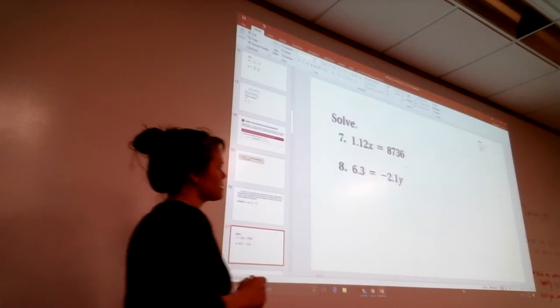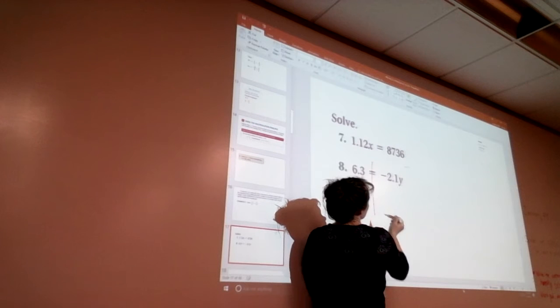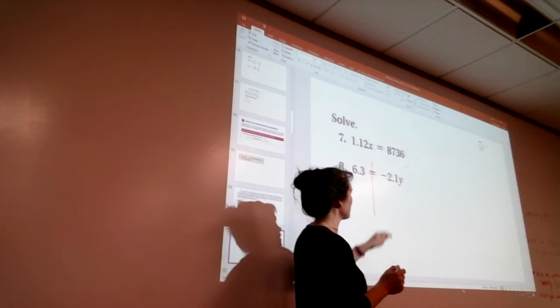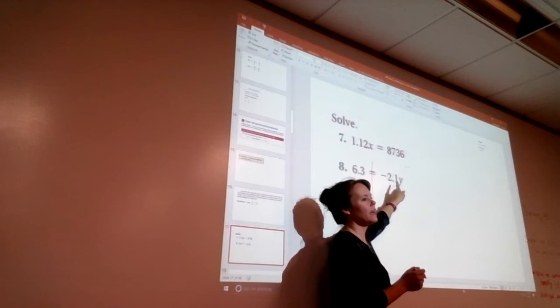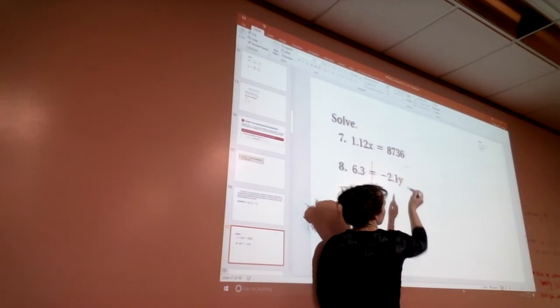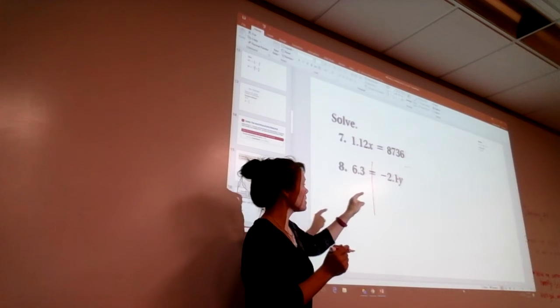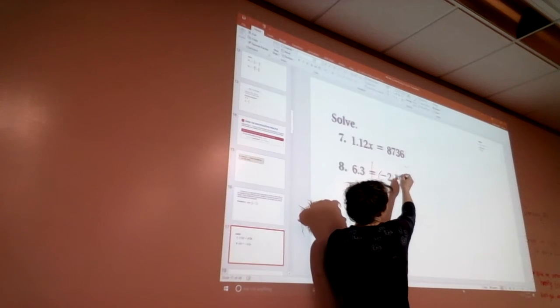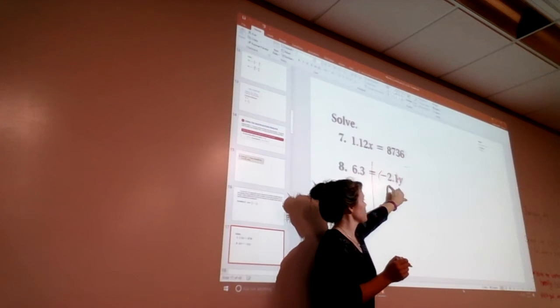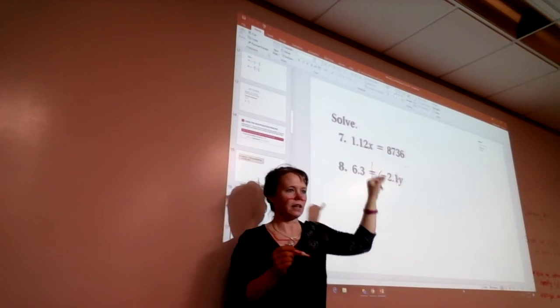I put this one up here because people a lot of times, instead of dividing, will want to add. Like they'll say, oh, it's negative 2.1, I need to add 2.1. But what you want to do is look at what's going on with that variable. It's multiplication. You can even put it in the collab like that if you want. We're going to divide because right now we're multiplying by a negative number.